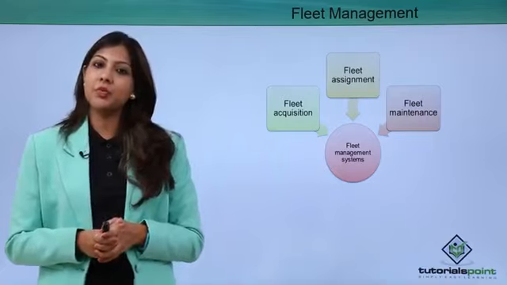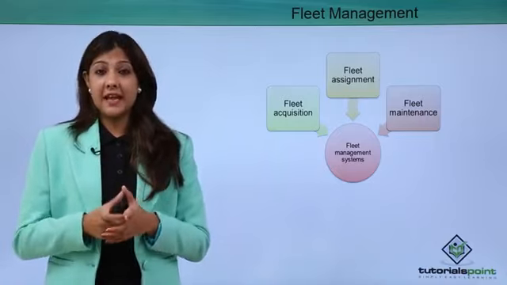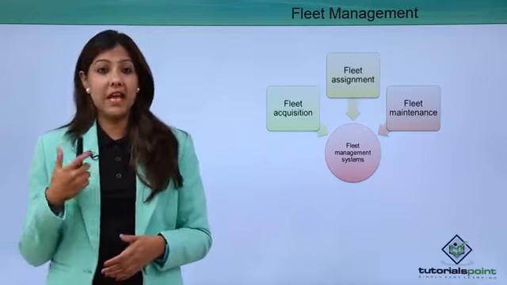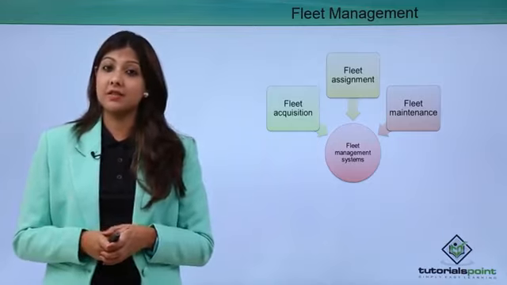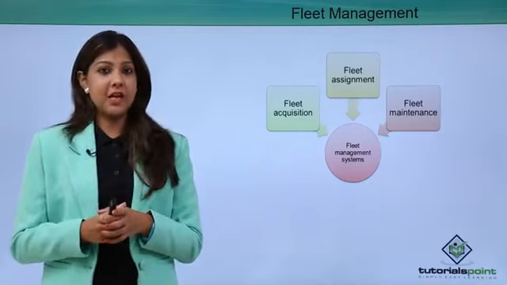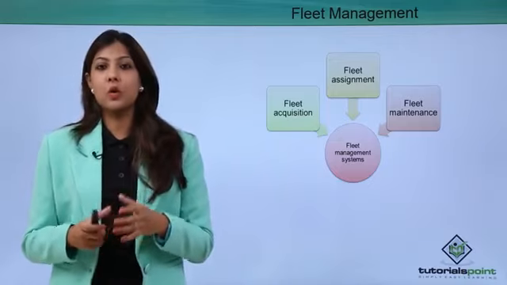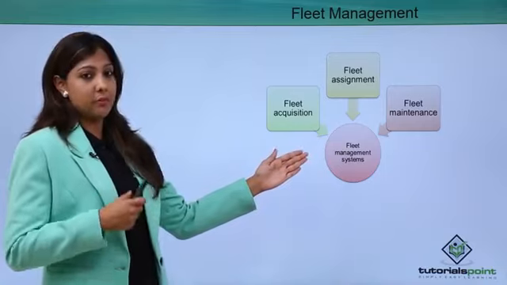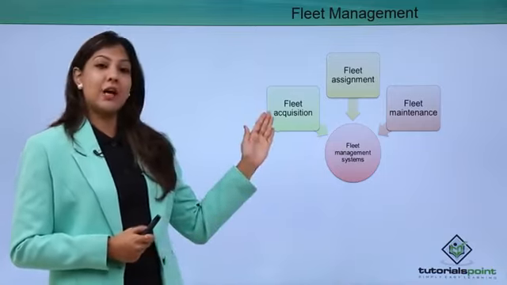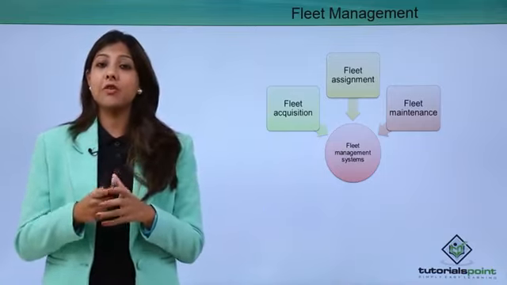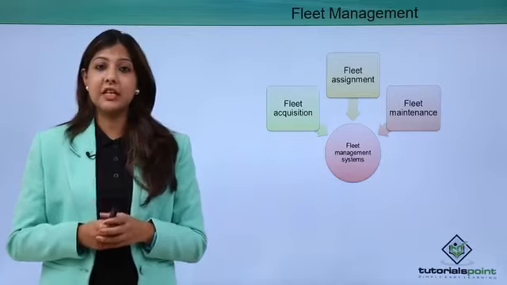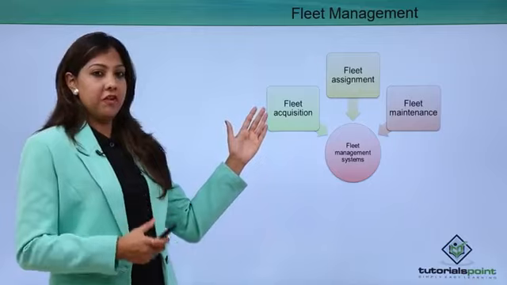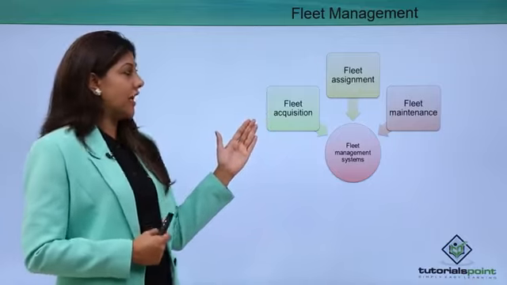Coming to fleet management, well friends, different airlines have different fleets of aircraft. They can be Boeing, they can be Airbuses or even ATRs. So with regard to fleet management, there is a system for how this happens. So fleet management system has three basic criteria. Fleet acquisition. The people at the head of the airline, the COO and the CEO, decide which kind of aircraft or which kind of fleet they want to acquire for their particular airline.